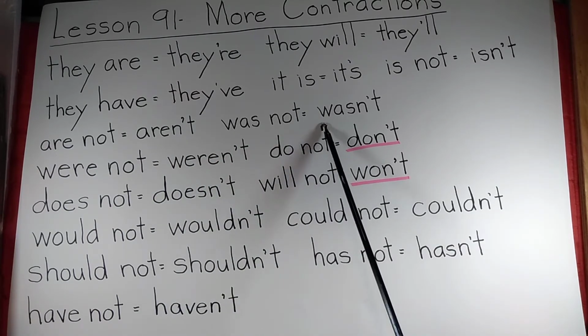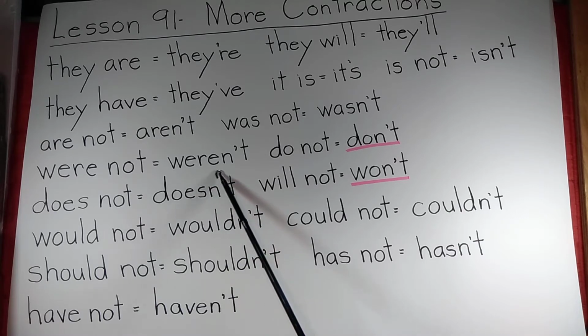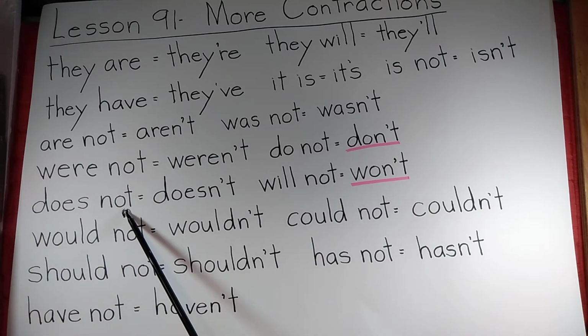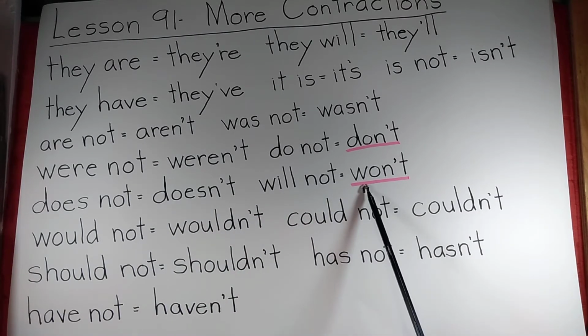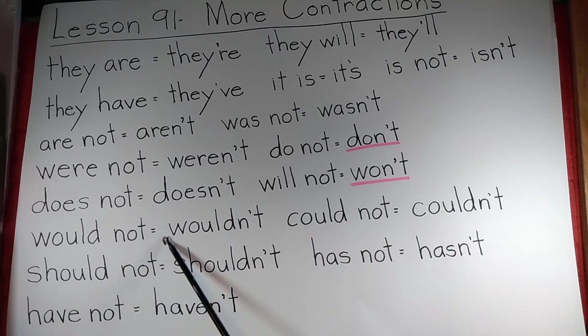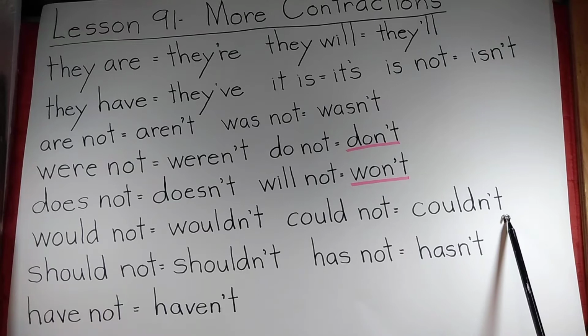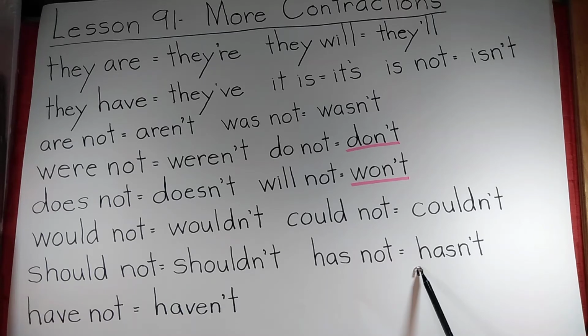was not, wasn't, were not, weren't, do not, don't, does not, doesn't, will not, won't, would not, wouldn't, could not, couldn't, should not, shouldn't, has not, hasn't, have not, haven't.